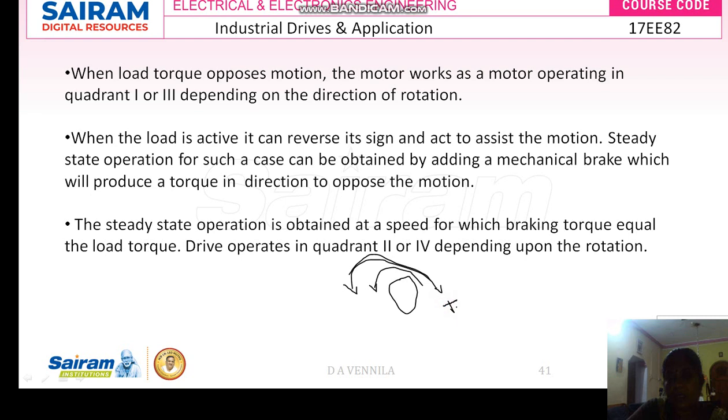This clockwise direction is because of the force of gravity, the load torque is generated downward, and in order to pull the car upward, the motor torque is generated opposite to the load torque, such that the motor drives in the forward direction.